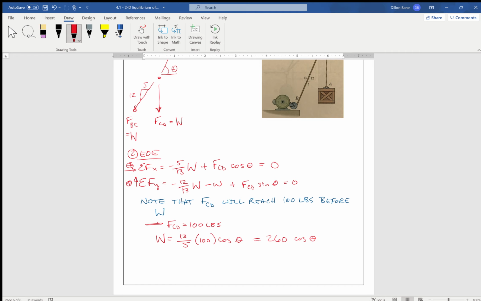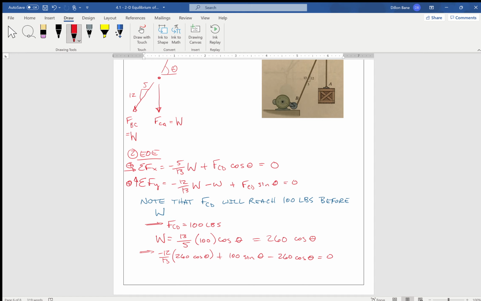And then plugging W into our sum forces in the y direction, what we get is negative 12/13 times W, which we just said was 260 cosine theta, plus 100 sine theta, minus W, which we said was 260 cosine theta. All of that still has to equal 0.